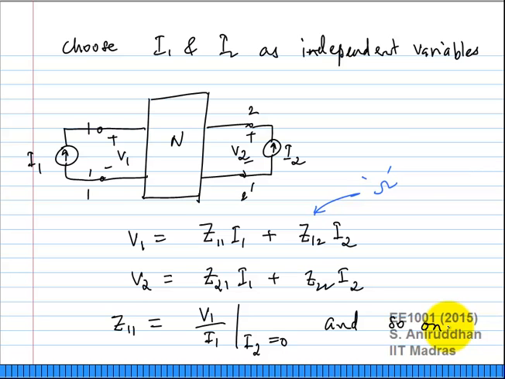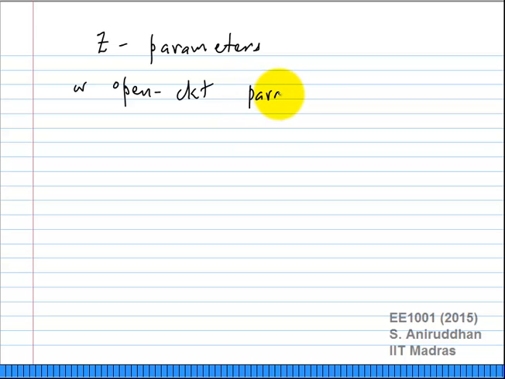You open circuit the corresponding ports. So these are also called Z parameters or open circuit parameters. And as a homework, you find out the Z parameters for this network.